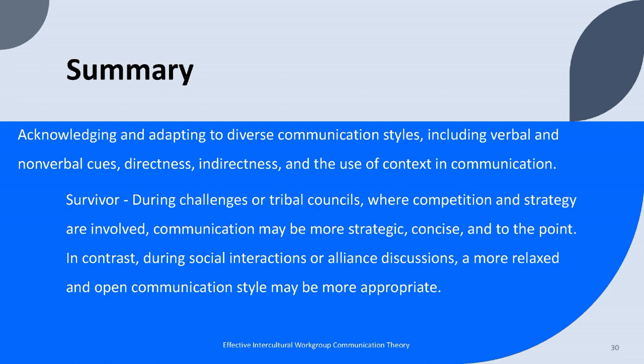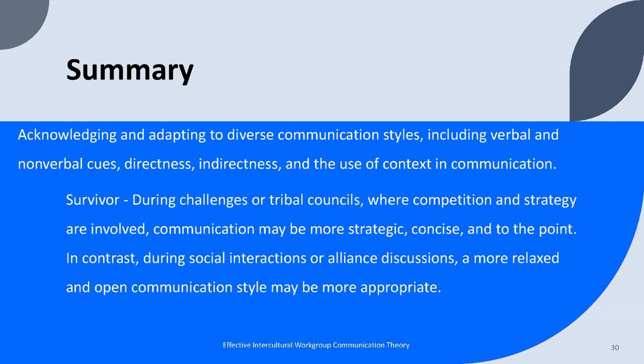Additionally, when we're talking about effective intercultural workgroup communication theory, there is acknowledging and adapting to diverse communication styles, including verbal and nonverbal cues, directness, indirectness, and the use of high- and low-context communication. We see this in the TV show during challenges or tribal councils, where there's competition and strategy. Communication is more strategic, concise, and to the point.